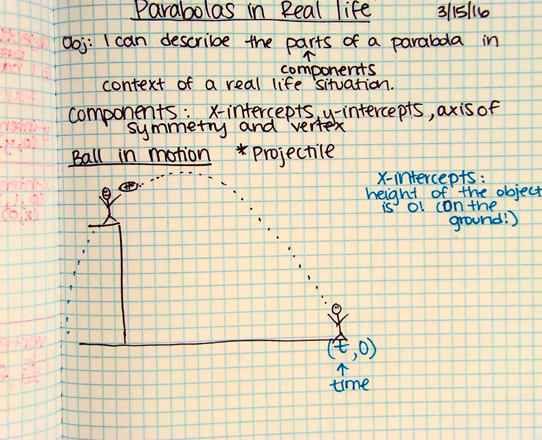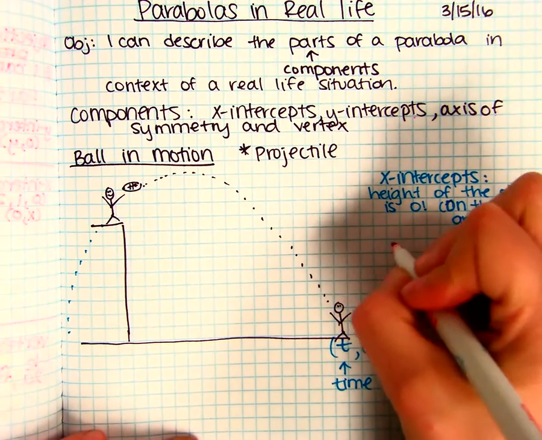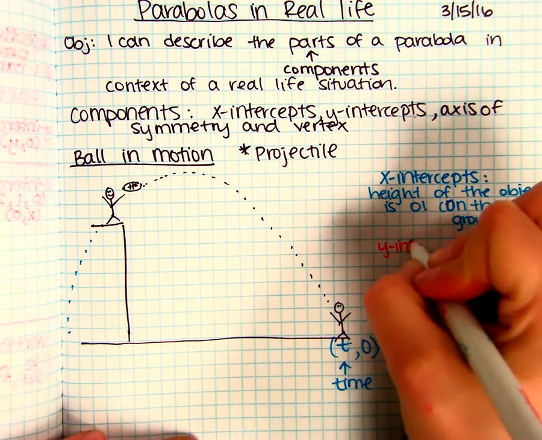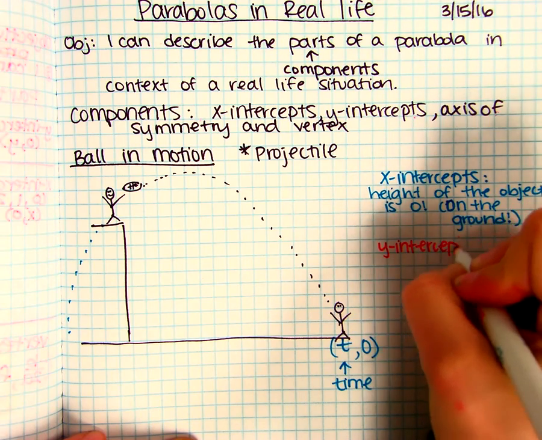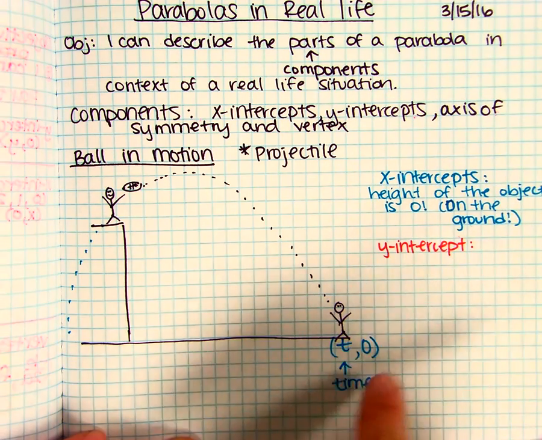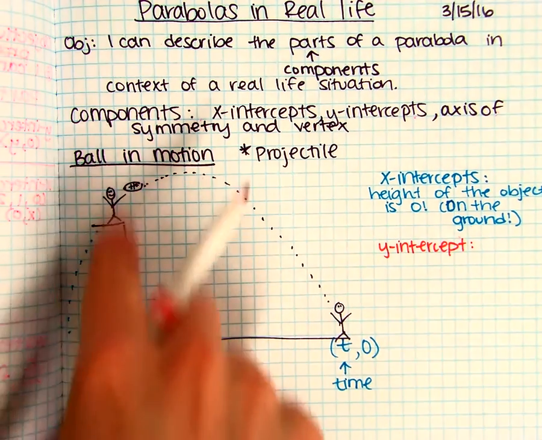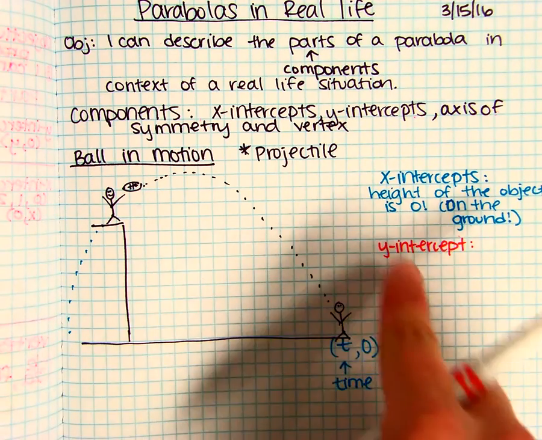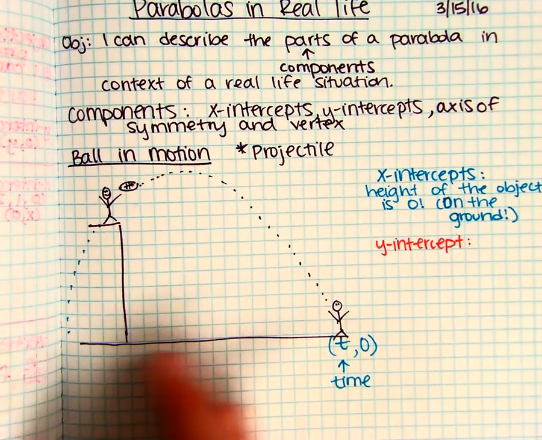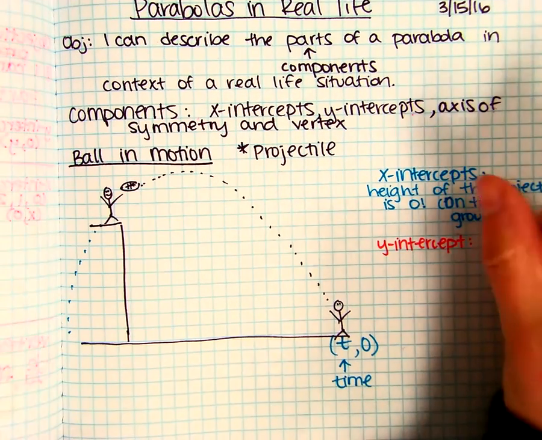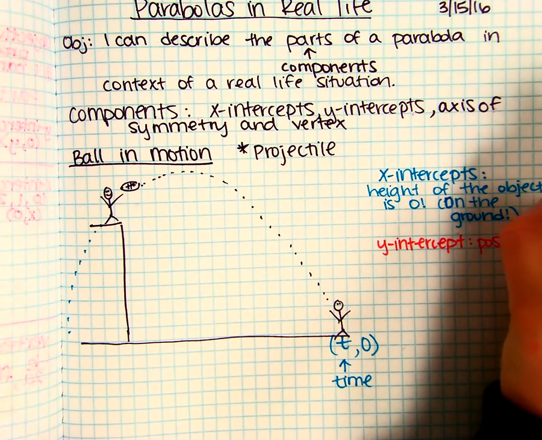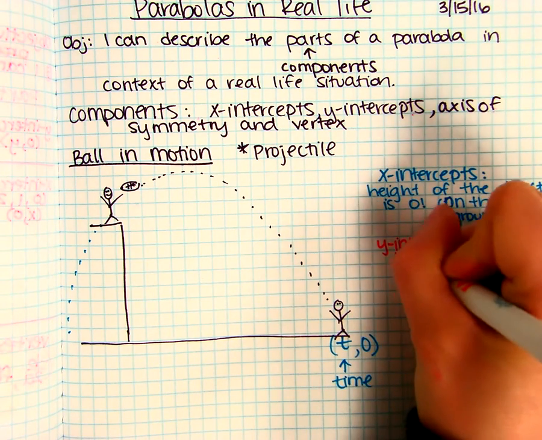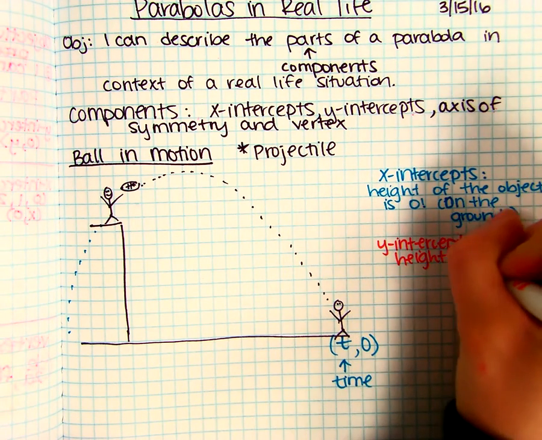So that's our x-intercepts. Our y-intercept, just like the x-intercept is when the height is 0, our y-intercept is when time is 0. So basically it's position or height at the start.